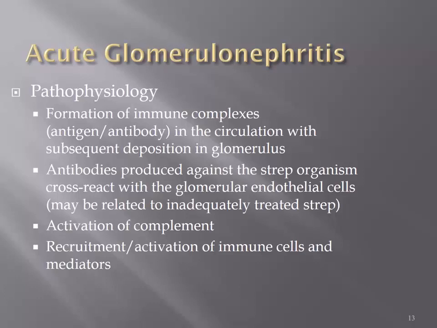So antibodies are good and they are produced against this streptococcal organism, but the unfortunate part is that glomerular endothelial cells will cross-react with the antibody, the activation of complement will occur, and recruitment and activation of immune cells and mediators will occur, and all of this truly results in acute glomerulonephritis.